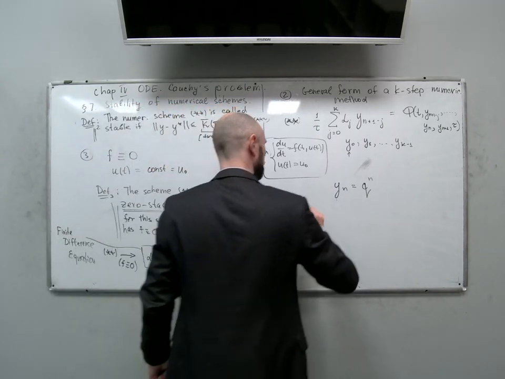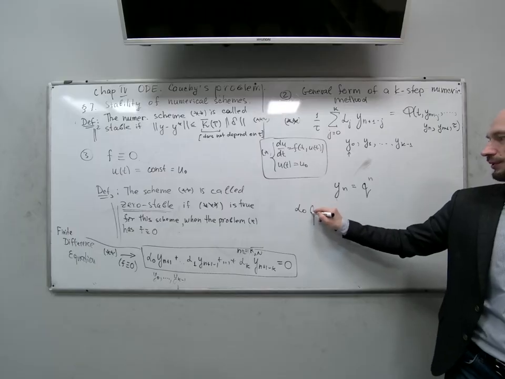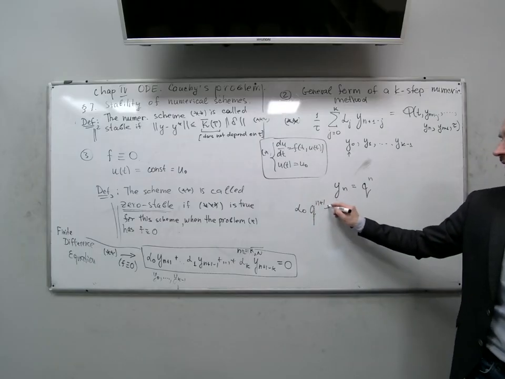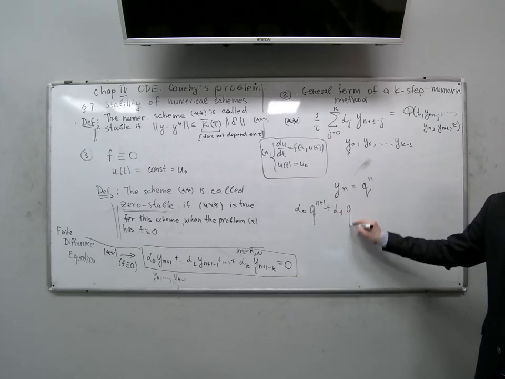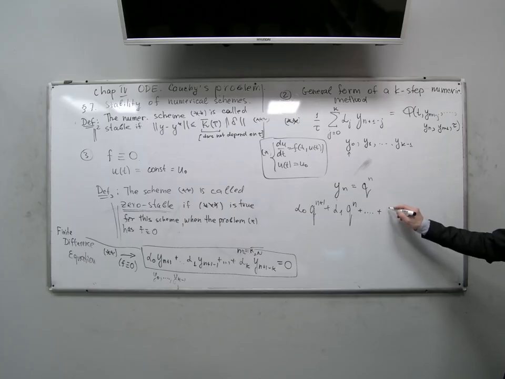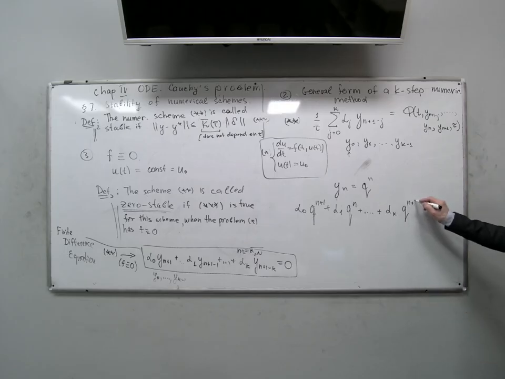What are we going to get? Alpha 0 q to the power of n plus 1 plus alpha 1 q to the power of n plus and so on plus alpha k q to the power of n plus 1 minus k is equal to 0.